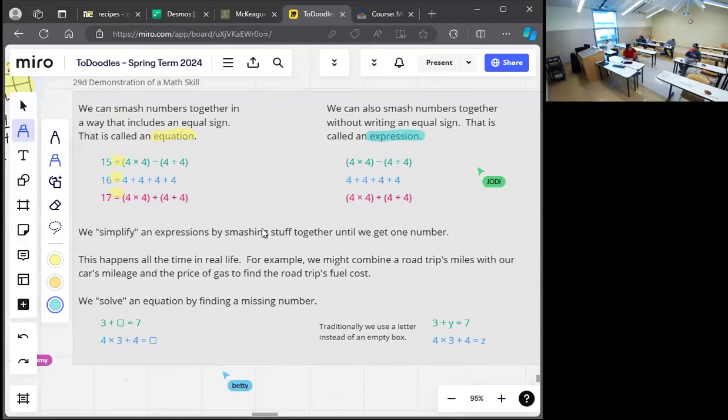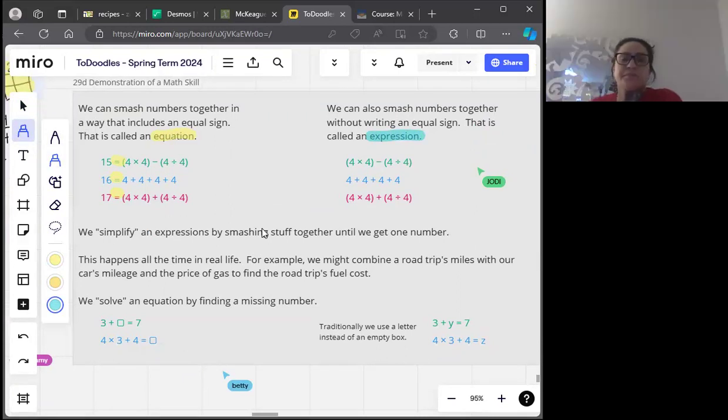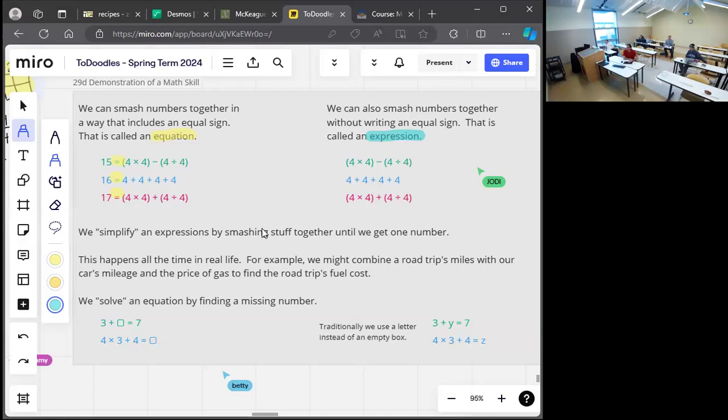Sometimes when you see a badly written math test, they will use the word simplify. In a badly written test, this means read the math teacher's brain and try and figure out what they want. What simplify is supposed to mean is take all the pieces of an expression and smash them together so we get just one number.